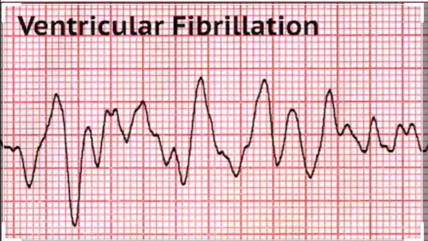If this is not caught early, it can lead to a medical emergency because it can cause severe hypoxia and can lead to cardiac arrest. And one of the most common causes of this is severe hypoxia and hyperkalemia.